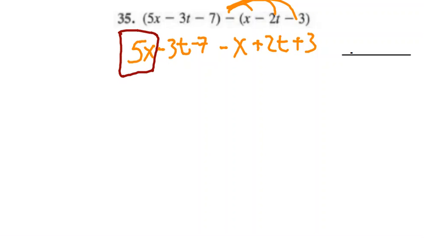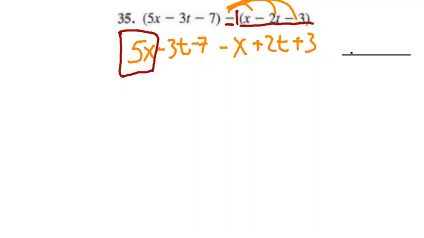Wait, why were we multiplying by 1? So we are subtracting this polynomial right here. But also, we have a negative that's out front of that polynomial. So what number can I multiply everything by that doesn't change that number? 1.